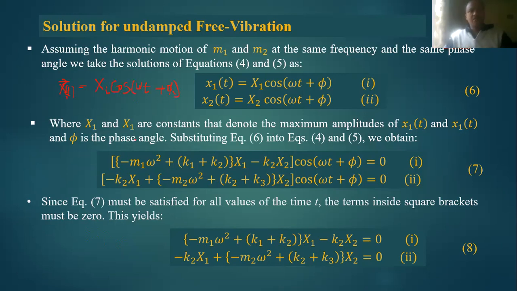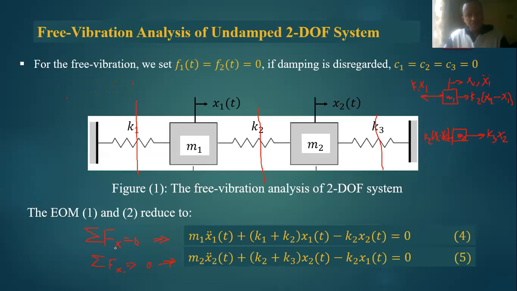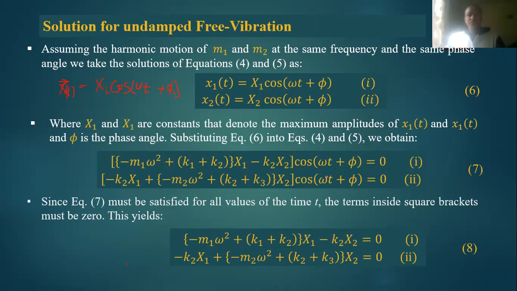Now, substituting this solution into the equation of motion, we directly obtain this equation. Here we see cos omega t. For a non-trivial solution, this cos omega t is different from 0. So just equating the term inside the square bracket to 0, we get this equation.